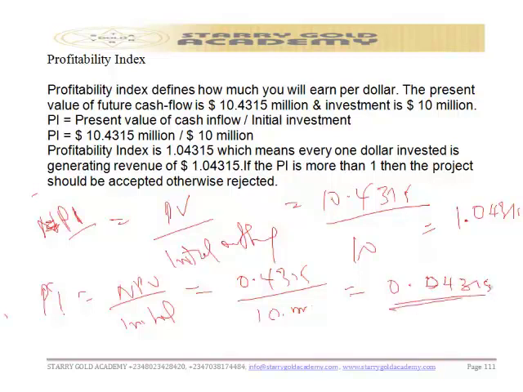And the rule here is this: if you use present value, your profitability index has to be greater than 1 for you to accept the project. But if you use net present value, your profitability index needs to be higher than 0 before you accept the project. So both formulas indicate that the project is supposed to be accepted.